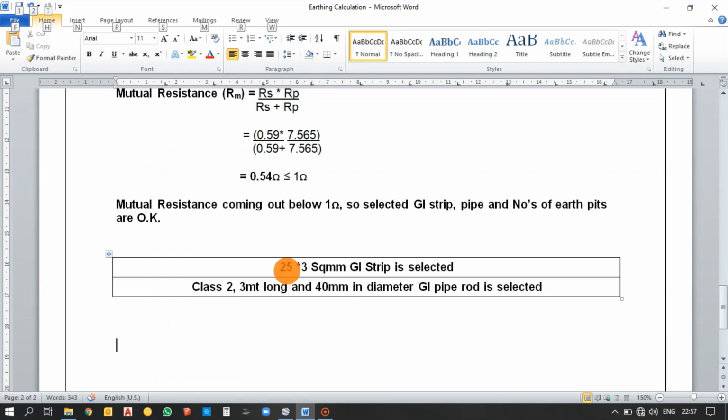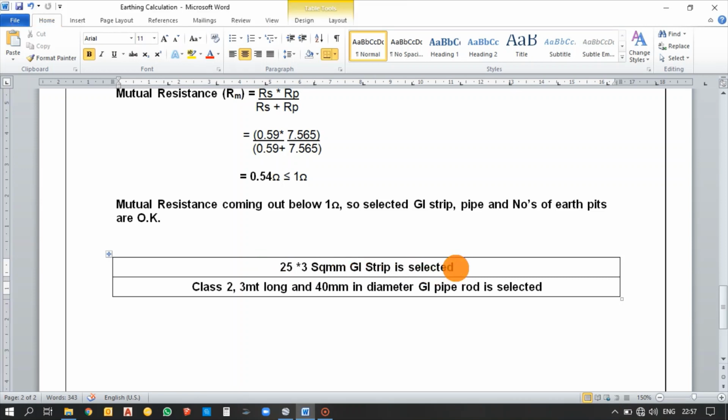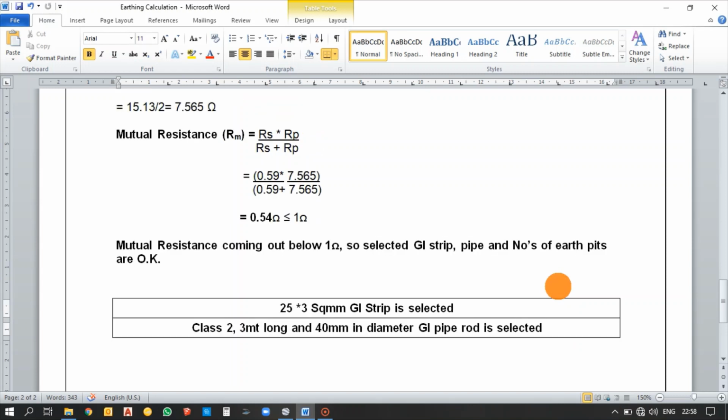Finally, we can conclude that the 25 into 3 mm GI strip selected is suitable to carry the short circuit current, and the class 2, 3-meter long, 40 mm diameter GI pipe selected is suitable to carry the short circuit current for the selected plant.